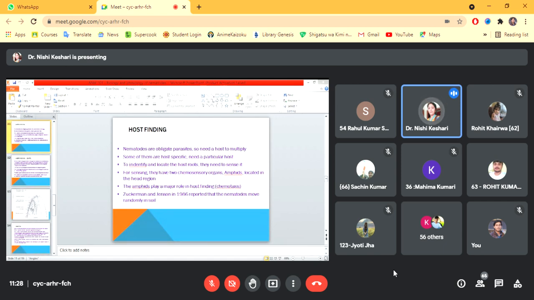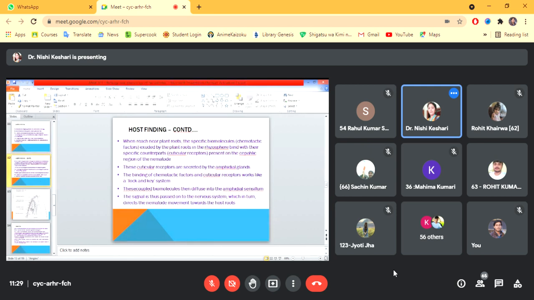These are the scientists who reported that nematodes move randomly in soil. They described the whole process of host finding in 1986. When the nematodes move randomly in the soil and reach near plant roots, the specific biomolecule, that is the chemotactic factor, exuded by the plant roots in the rhizosphere, binds with its specific counterparts.